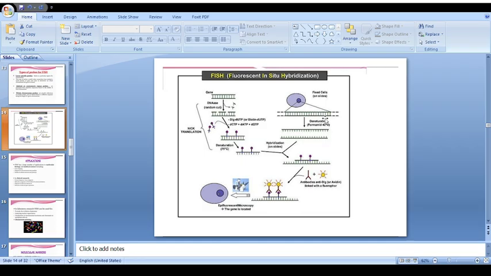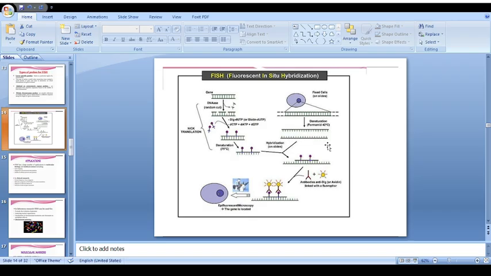In fluorescent in situ hybridization, the DNA is cut and the fluorescent probes are added with the help of DNA polymerase by nick translation technique. Then it is denatured at 75 degrees centigrade. Then hybridization is done with the fixed cells, by denaturing and annealing.